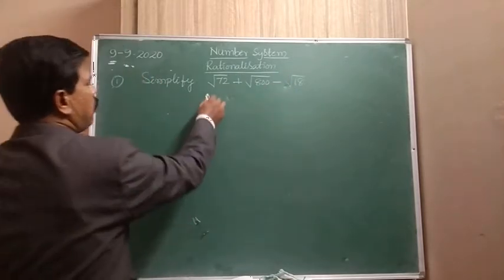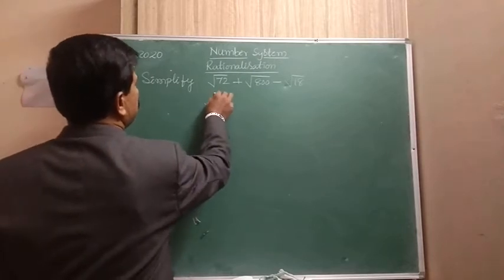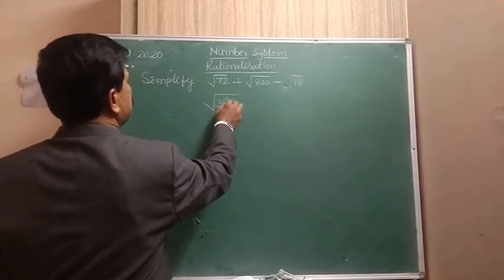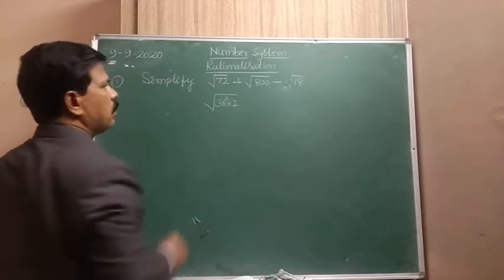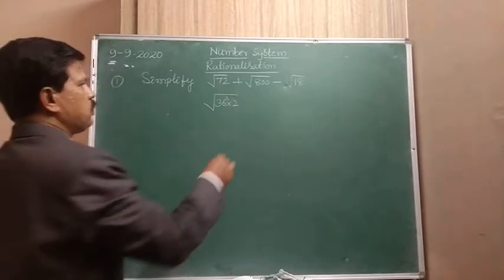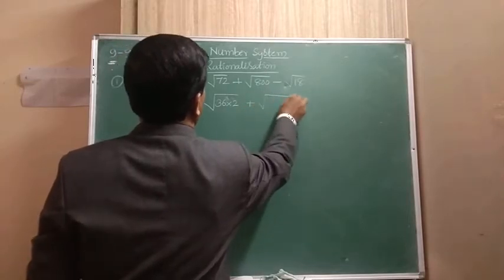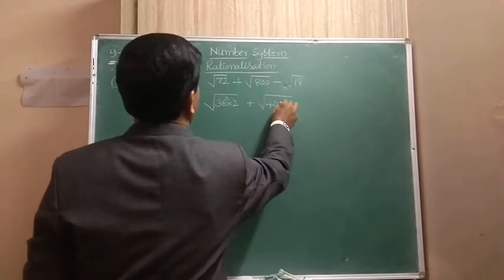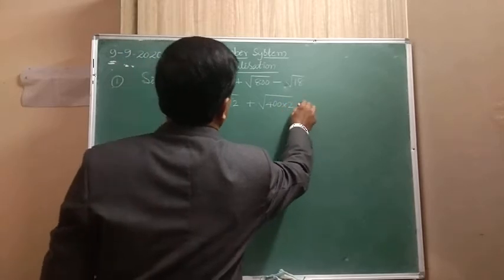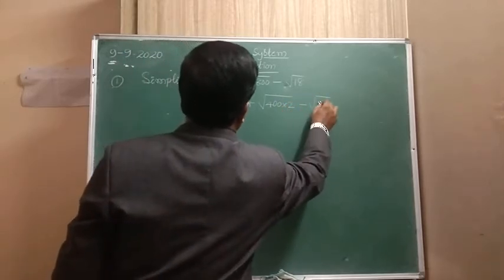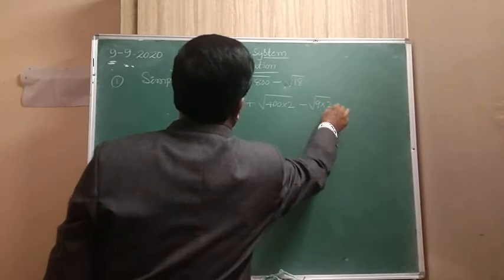Now on writing this, this can be written as square root of 36 twos are 72, and here the square root of 400 into 2, and minus square root of 9 twos are 18.